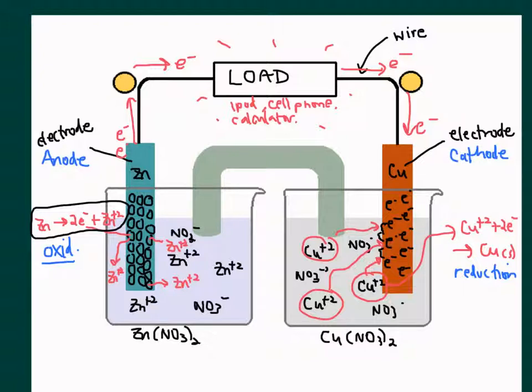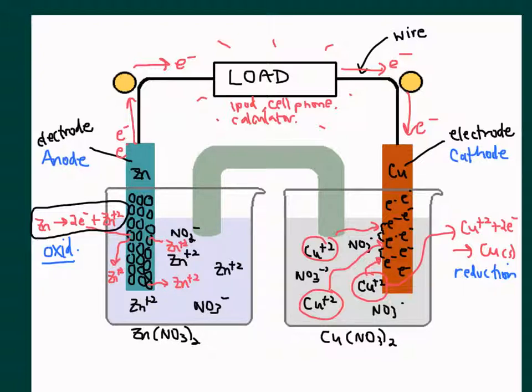The thing getting reduced is actually the copper in the solution bumps up against the cathode, picks up electrons, and undergoes reduction. Becomes solid copper, which is going to start to build up on the sides of this cathode, and so the cathode is going to start to get bigger. Now, of course, this is a spontaneous process. The whole reason that the electrons are doing what they're doing, leaving the zinc and flowing towards the copper, is because copper wants the electrons more than the zinc does.